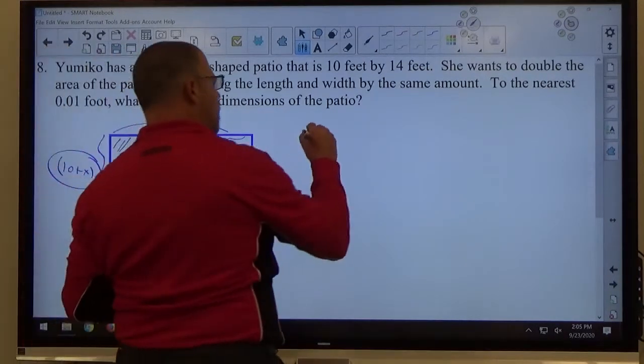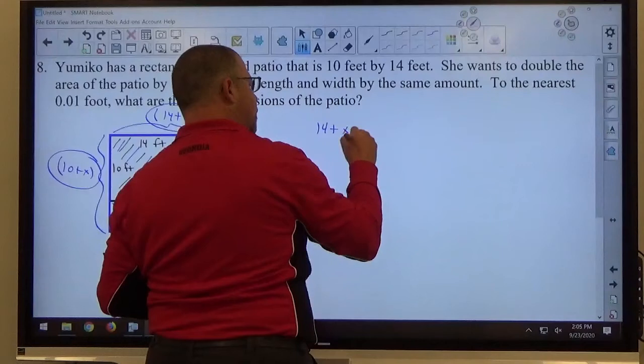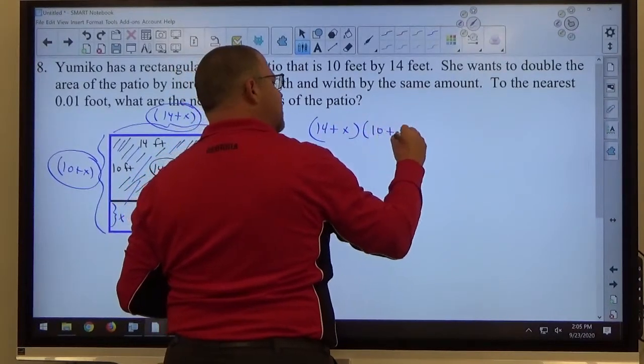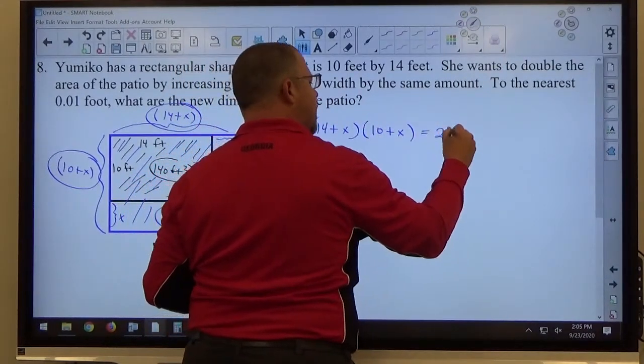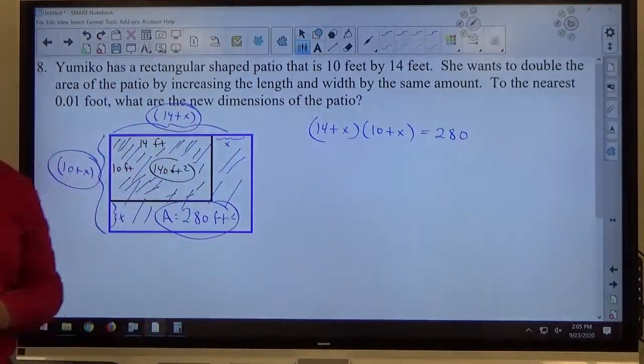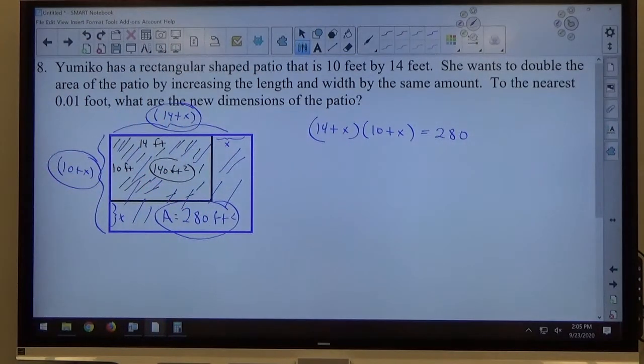So I know (14 plus x) times (10 plus x) equals 280. So that's how I set up an equation containing the variable x only. If I can figure out what x equals that makes that product equal to 280, I'm good to go.